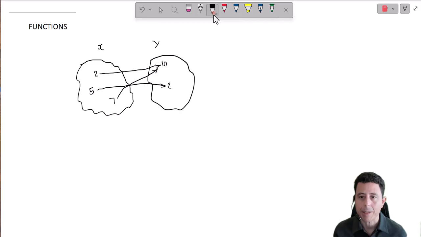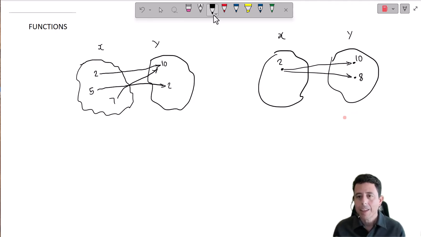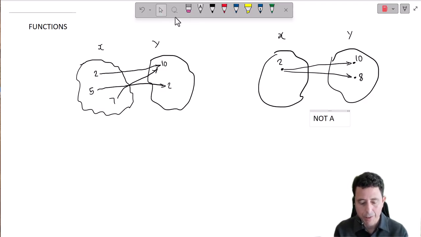What cannot happen is a situation like this. So let me give you another one. Let's say you have a number 2, and that is related to number 10, and then number 2 is related to number 8. That situation cannot happen. If you see something like this, then this is not a function.